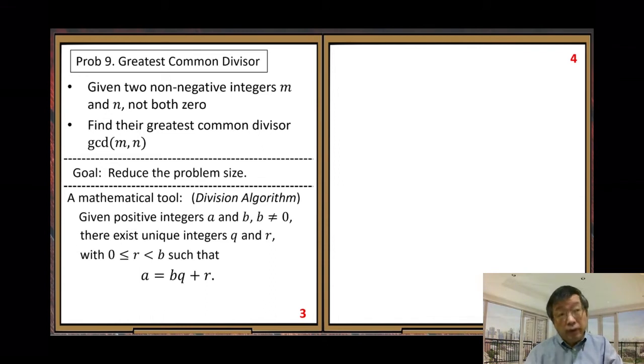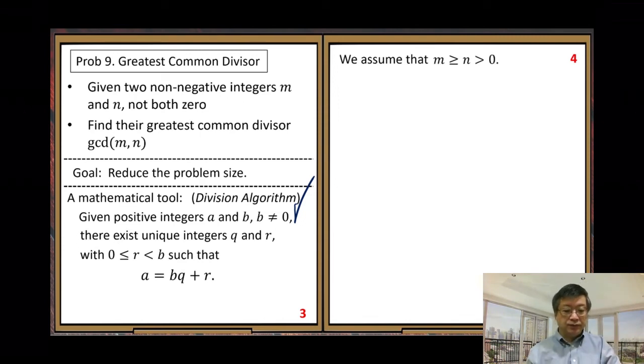Pretty easy, right? But this simple algorithm is very important in solving this GCD problem. Otherwise, we don't know how to solve it. Our goal is to do problem size reduction, and this tool is critical for that. All right, so let us do the implementation. For convenience, we assume m is greater than or equal to n, and n is greater than 0.